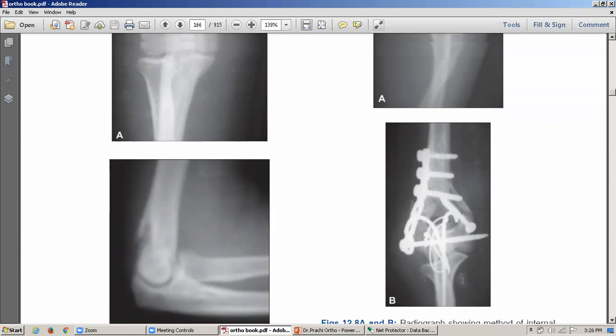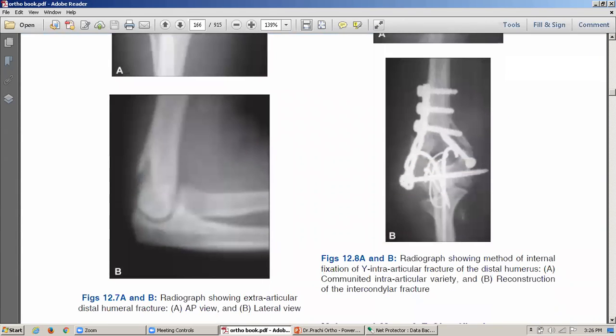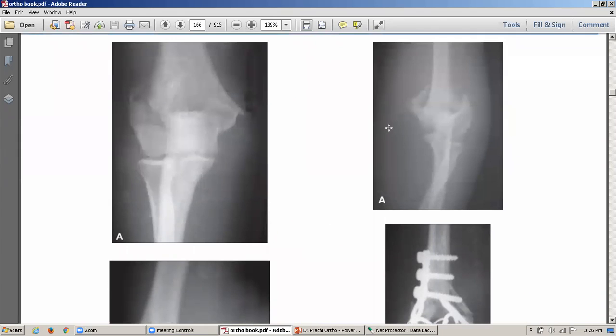So in diagram A, here you can see the intra-articular comminuted variety.